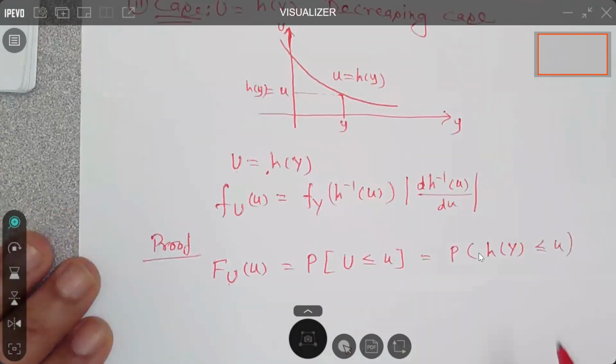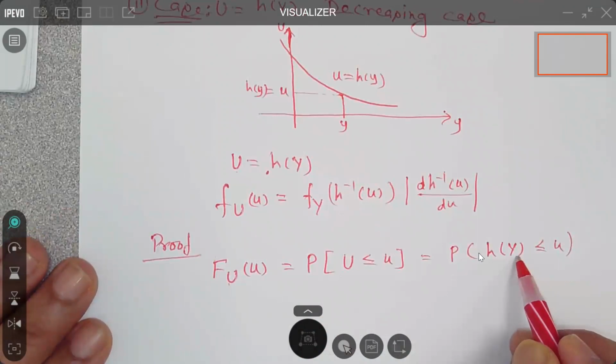Now you see here, this is a decreasing function.